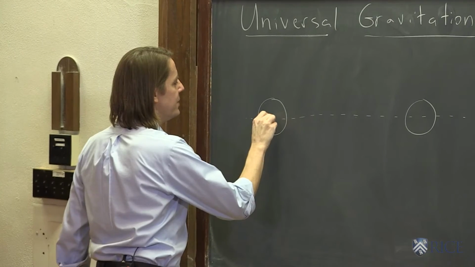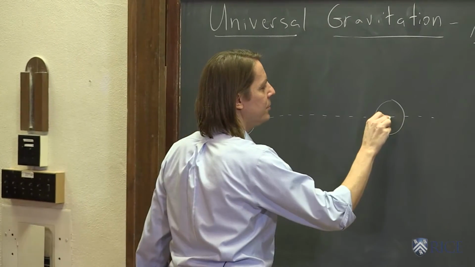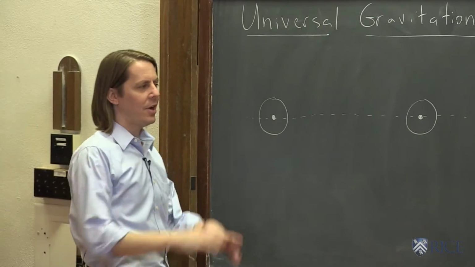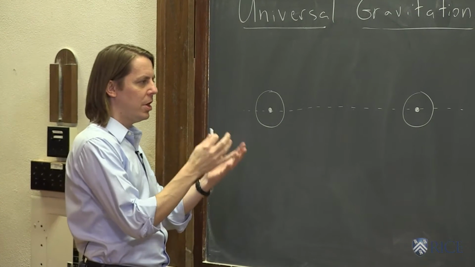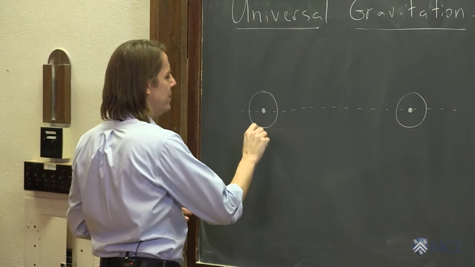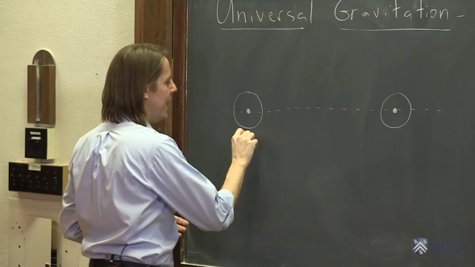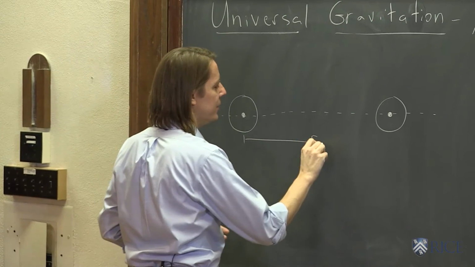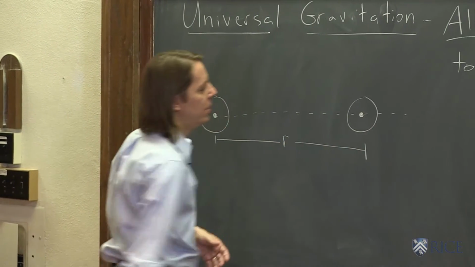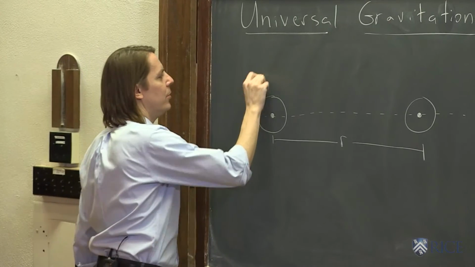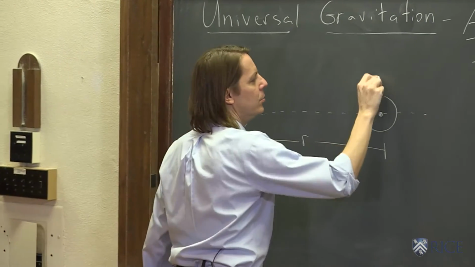And the distance you consider is between the center of each object. If it's a nice sphere or a spherical shell, if it's uniform mass, then you worry about its center. It acts like all the mass is at the center. So we'll call this r, the distance between them, and we'll call this one m1 and this one m2.